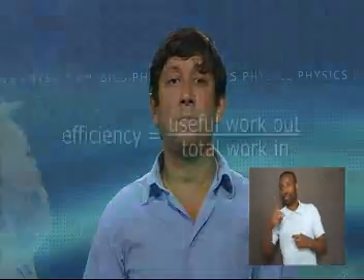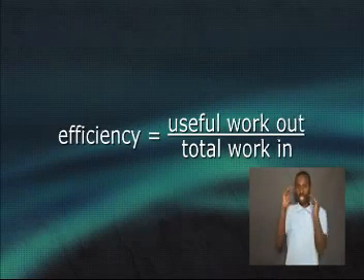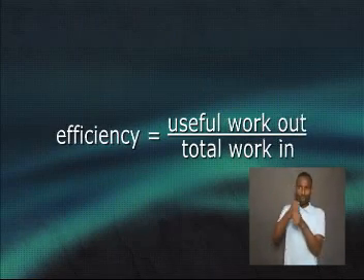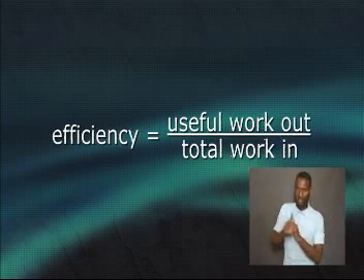A measure of the efficiency of a heat engine is determined by considering the energy input and the useful energy output. Thus, efficiency is equal to useful work out divided by total work in.